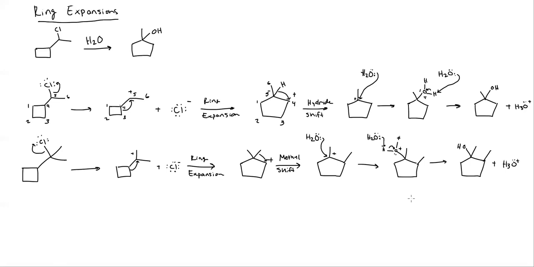And then I also wanted to cover this as well, where you can have a ring expansion, and then after the expansion, you can have either a hydride shift or a methyl shift after the ring expansion. Okay. It's also possible that you have another ring expansion after the first ring expansion. We're not worried about that. Okay. That is not a concern of ours at all. So it's just something that is possible.